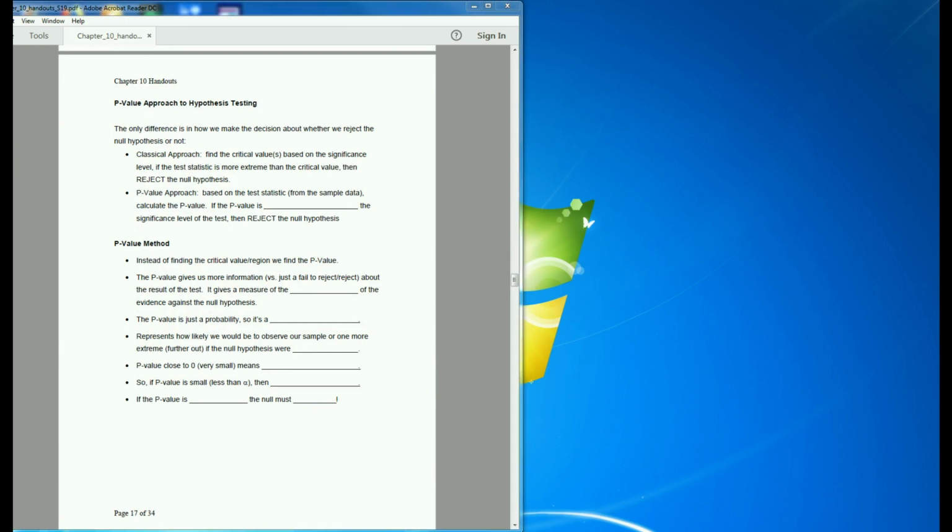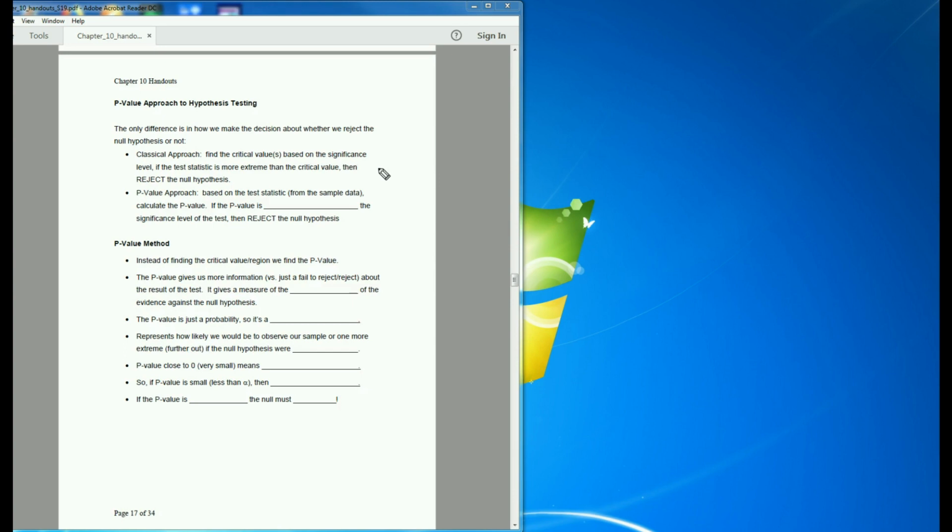All right, so on to the p-value approach. And again, we are doing the same thing here. We are doing a hypothesis test about a population proportion. The only difference is how we are going to make our decision about whether we reject the null hypothesis or not. Many of the other steps are exactly the same. With the classical approach, which we just covered, you find the critical value or values based on your significance level.